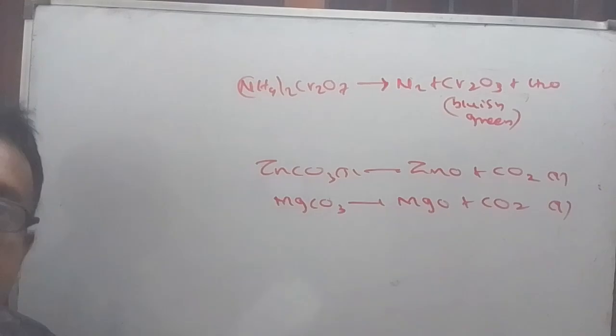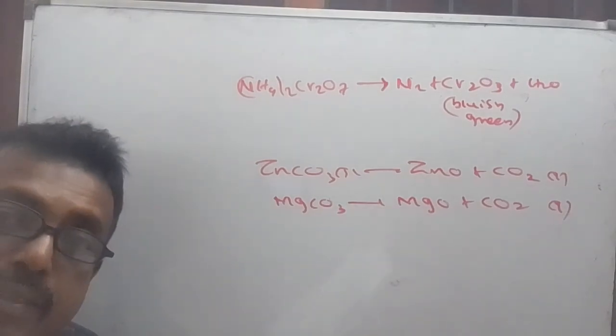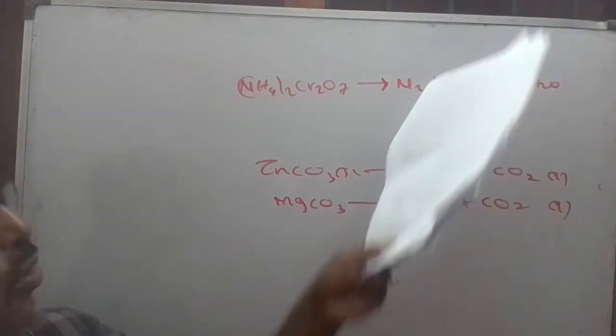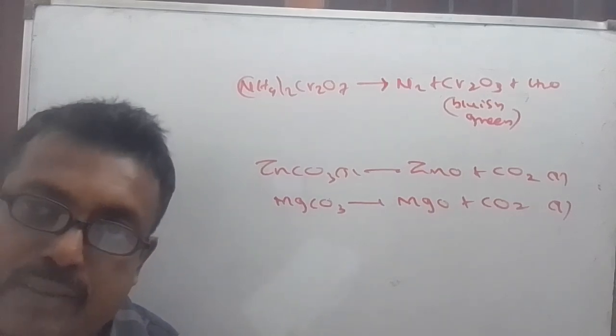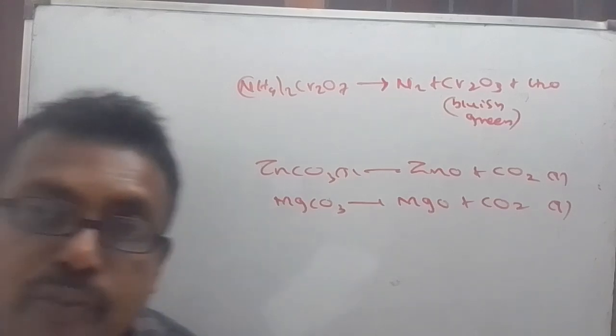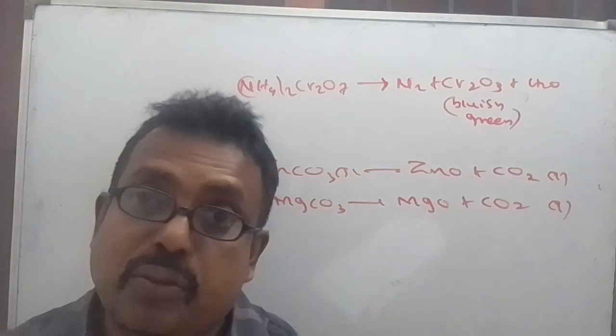Right? When these 3 compounds are heated to high temperatures, only ammonium dichromate produces a green solid and the other two produce white solids. However, the zinc oxide is pale yellow. I told you that.